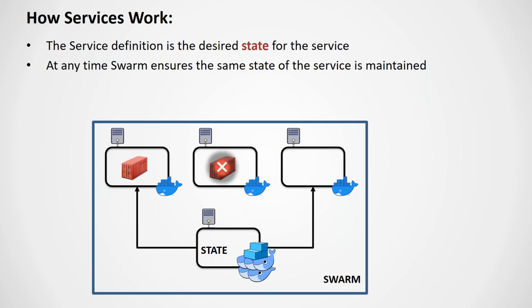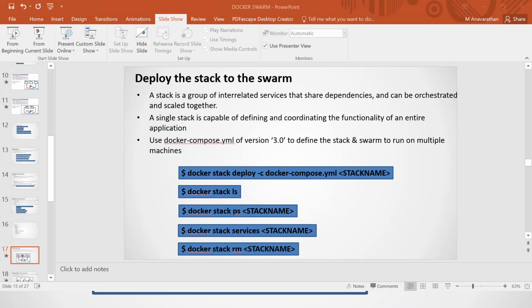Once the service is created, if one of the containers goes down, the state we would have told it is 2. So what does the service do? The swarm will make sure that it maintains the same state. So it will go and find whichever machine is available, and it will try to create a container there. Okay, so let me show you that.